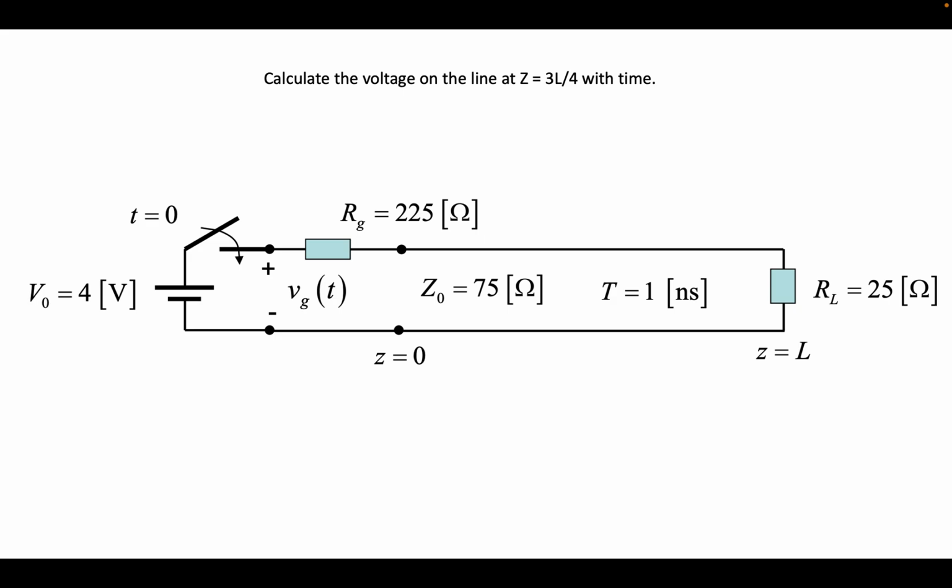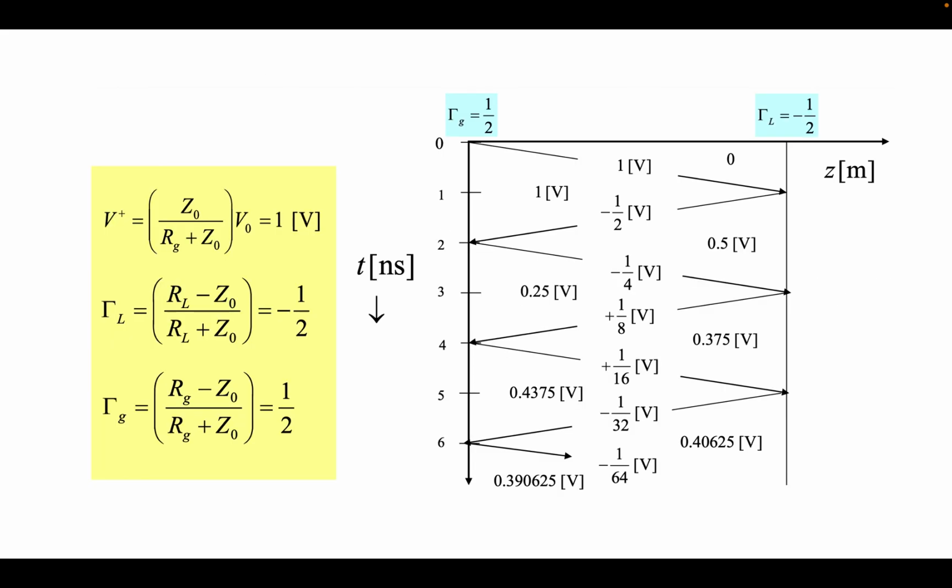You just need to plot a voltage. I will keep the slide on this. You can use this and just plot the voltage at Z is equal to 3L by 4 with respect to time. Like how the voltage will appear at Z is equal to 3L by 4 if I am seeing in the future, with respect to time, what will be the values of the voltage at Z is equal to 3L by 4.